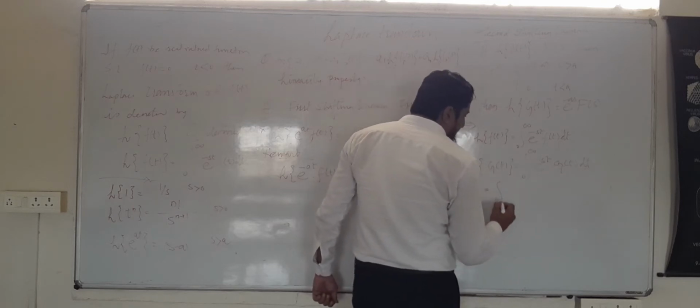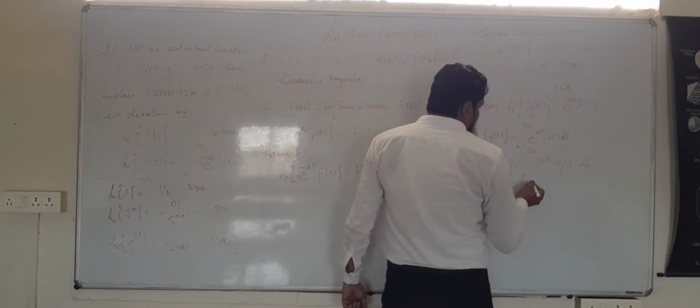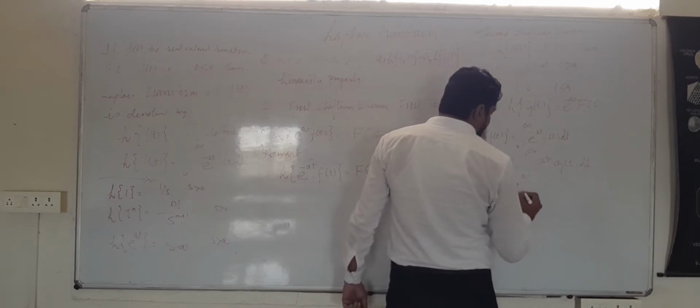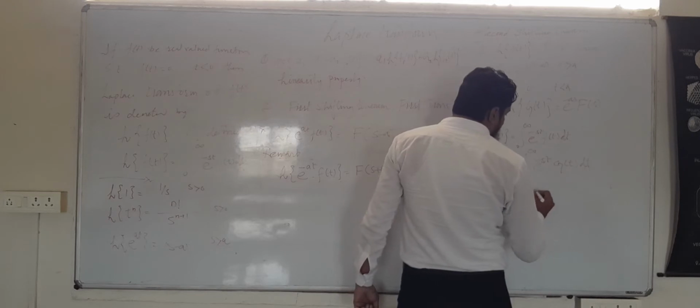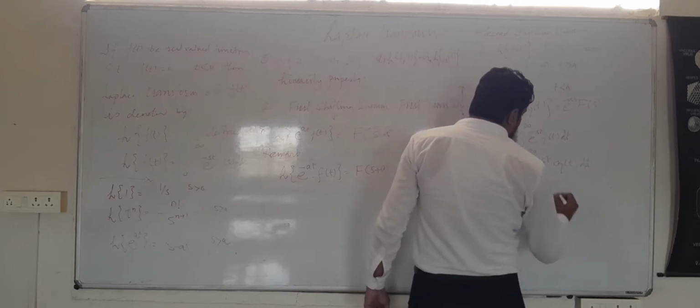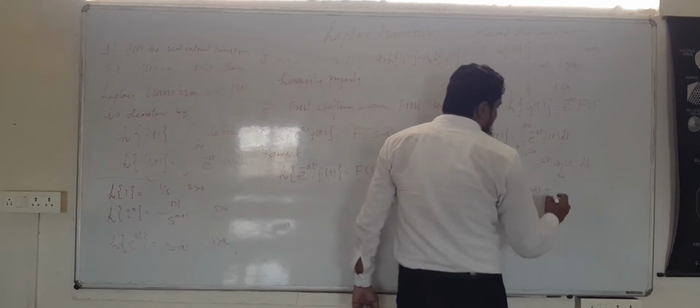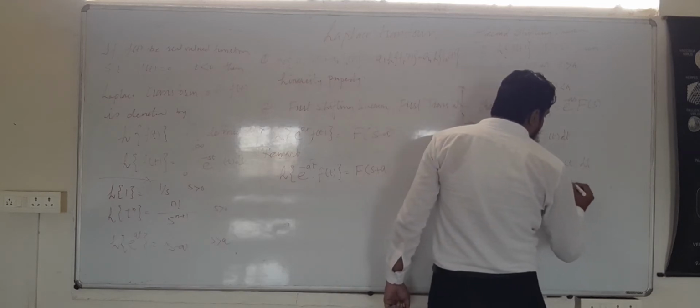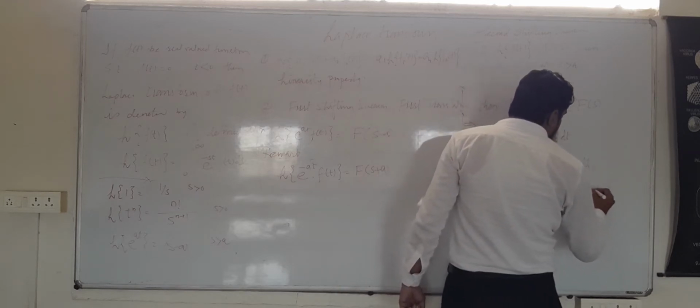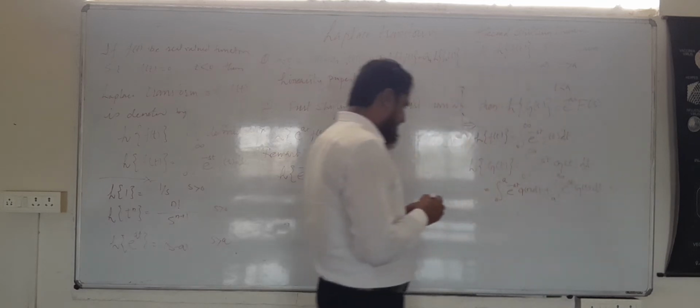So we can break the integral from 0 to a of e raised to minus st g of t dt, plus the integral from a to infinity of e raised to minus st g of t dt. Correct?